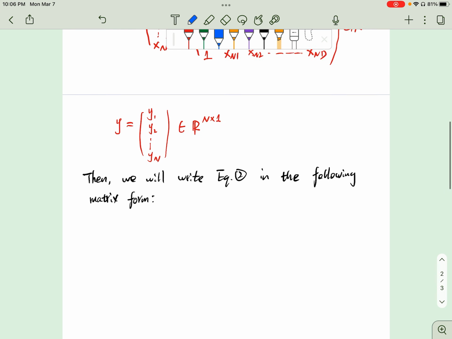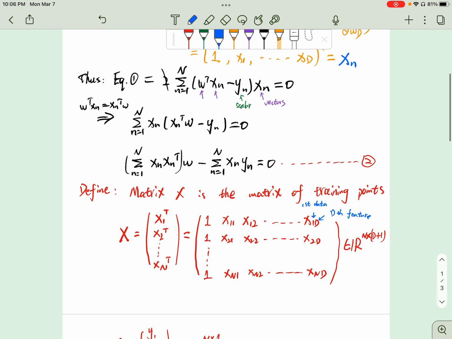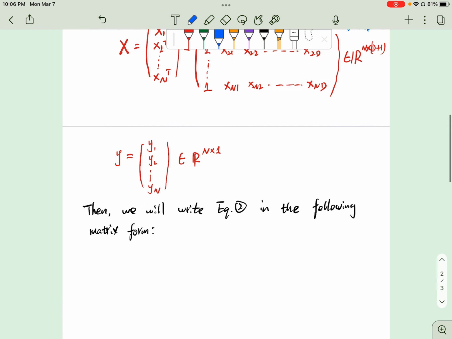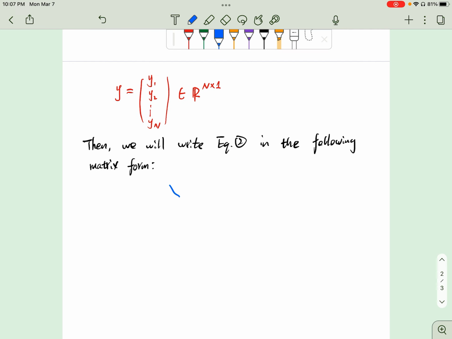So this equation 2, if I write it in matrix form, will be X transpose X omega minus X transpose y equals 0.